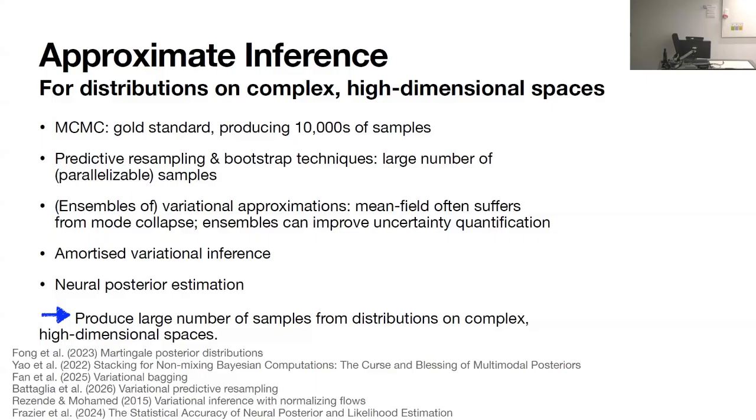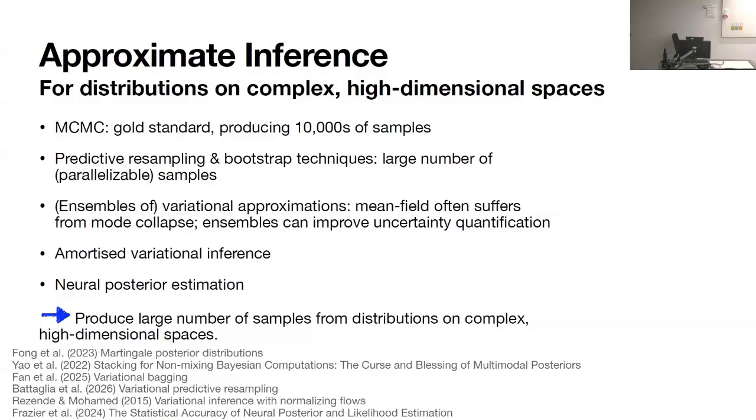Another thing we could do is look at variational approximations, but if we just look at mean field approaches, it often collapses around the mode. So instead, to really get better uncertainty out, we can take ensembles of variational approximations. And even just randomly initializing your variational approximation multiple times and just doing a cheap combination of those tends to work quite well in practice.